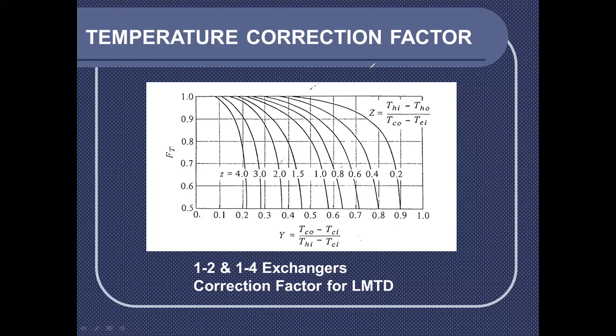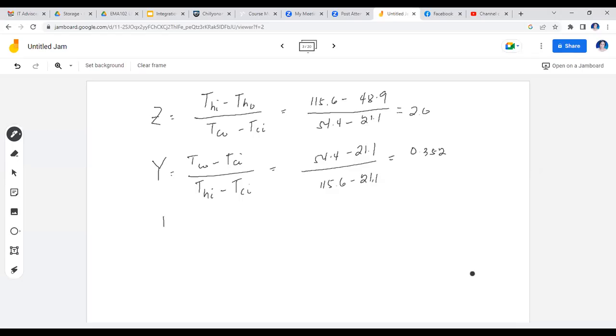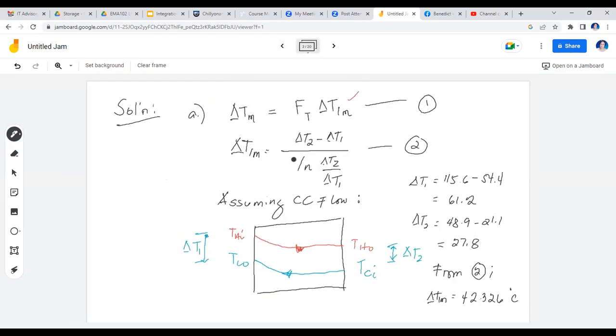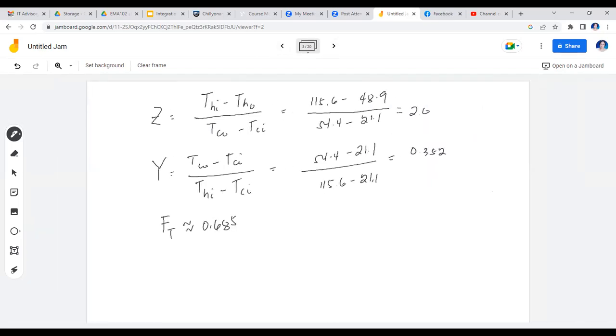Okay, so we go back to our Jamboard. In this case, your temperature correction factor is 0.685. So now you will determine the delta T mean. This is our formula. From equation 1, your delta T mean would be just the product of the temperature correction factor and the delta T log mean.